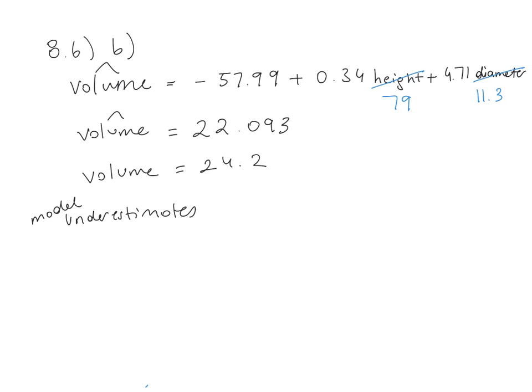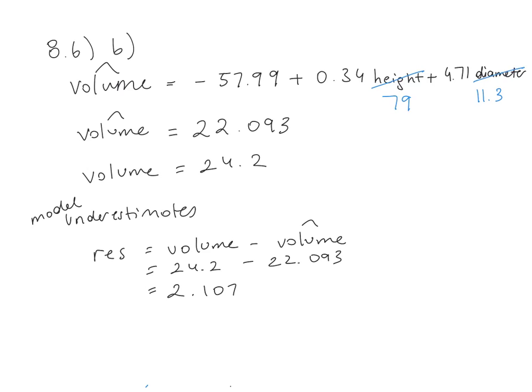And by how much? That's going to be my residual, right? So I can calculate my residual as the observed volume minus the predicted volume. So that's 24.2 minus 22.093, so that's 2.107.